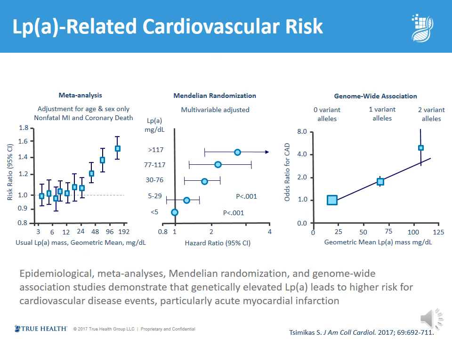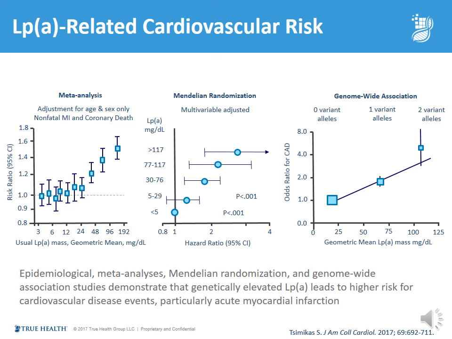Whether you use meta-analysis data looking at Lp(a) mass concentrations in the far left, where there's clearly a relationship with risk once you cross a certain threshold of somewhere above 30 milligrams per deciliter of Lp(a) mass, or whether you use Mendelian randomization trials, which pretty much imply causality, the risk can be horrific at increased levels.